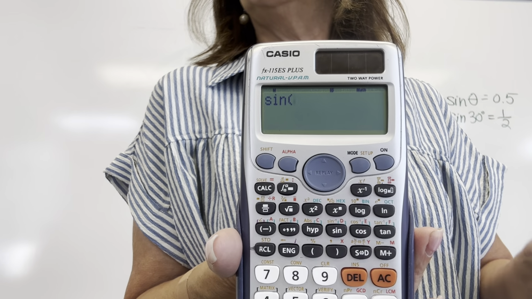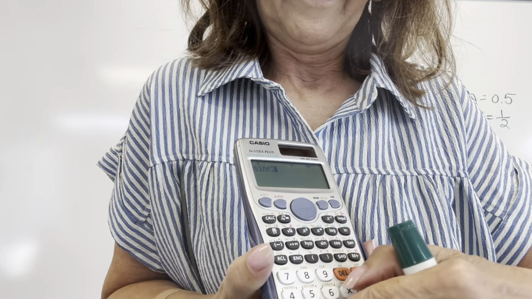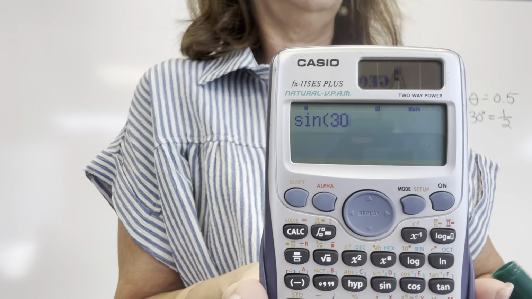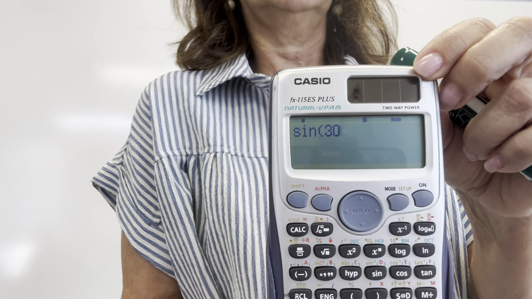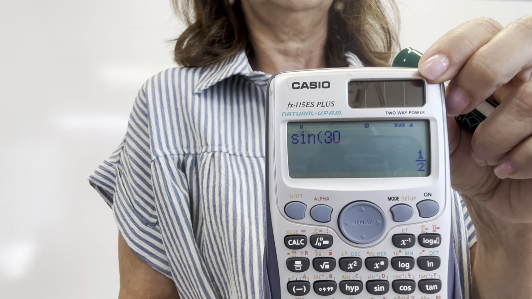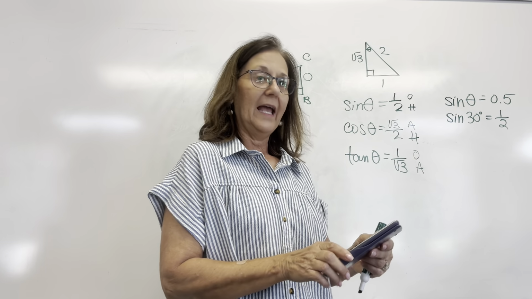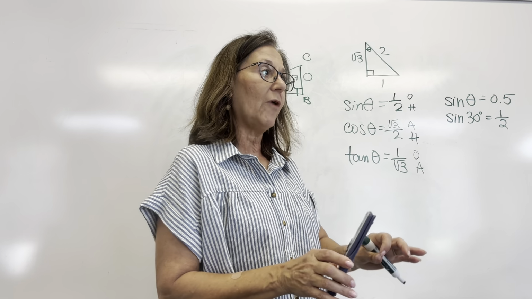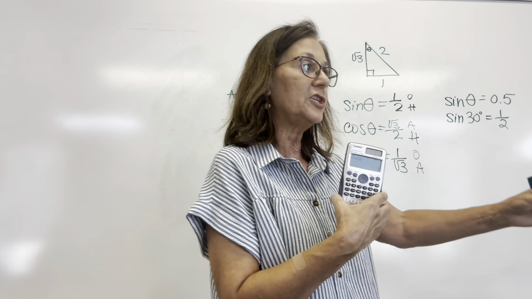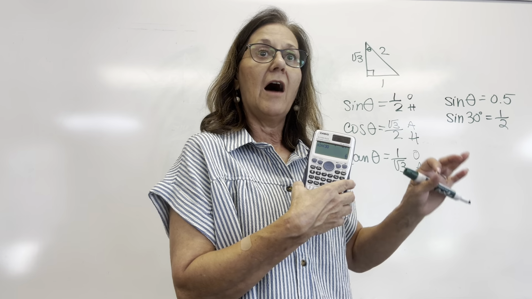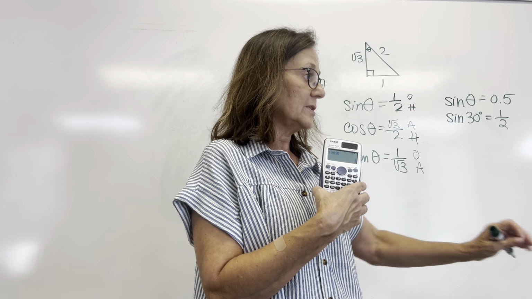We're going to put the angle in there, 30 degrees. No degree symbol, just put 30, and then hit equals. And what do you get? 1/2. It gives you the ratio. If I know the angle, your calculator will give you the ratio of the opposite side over the hypotenuse.